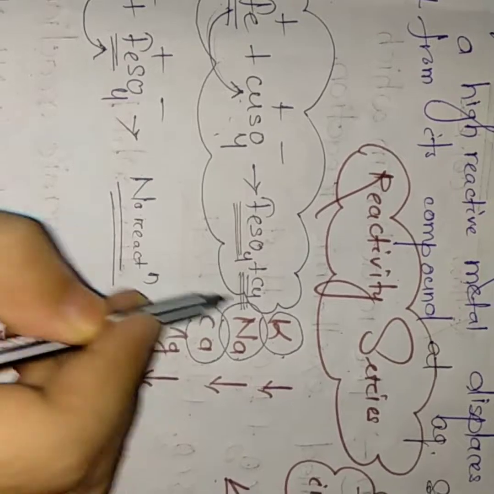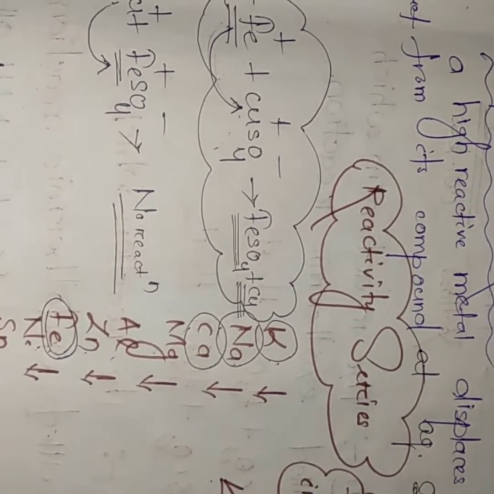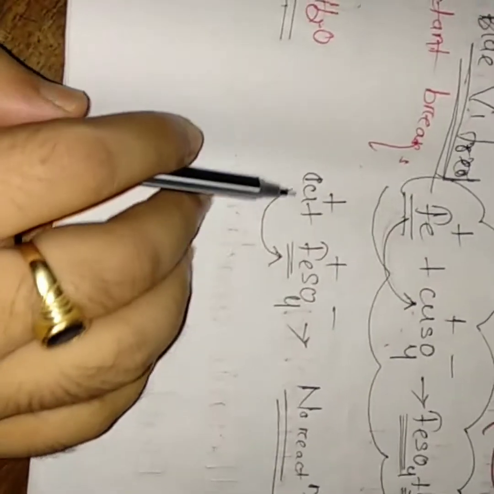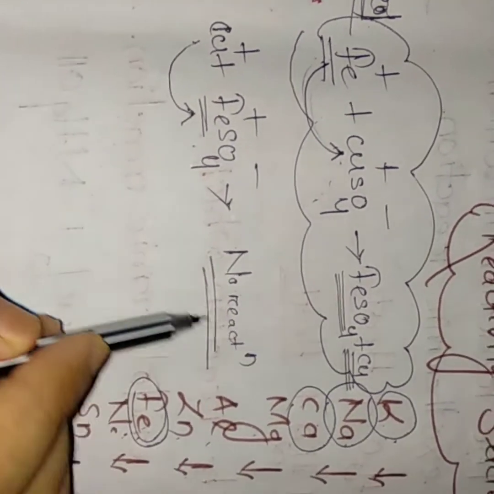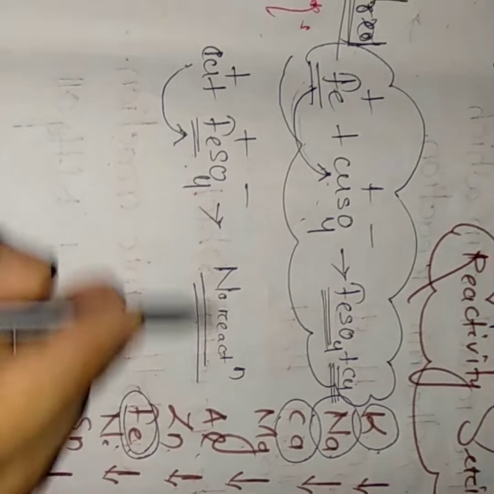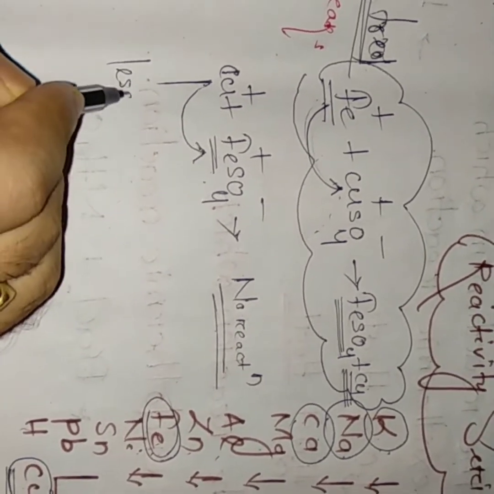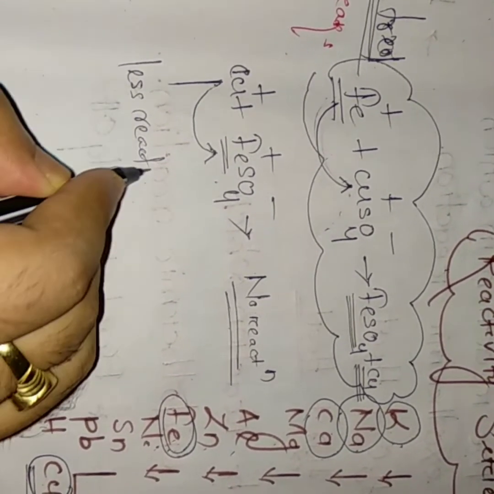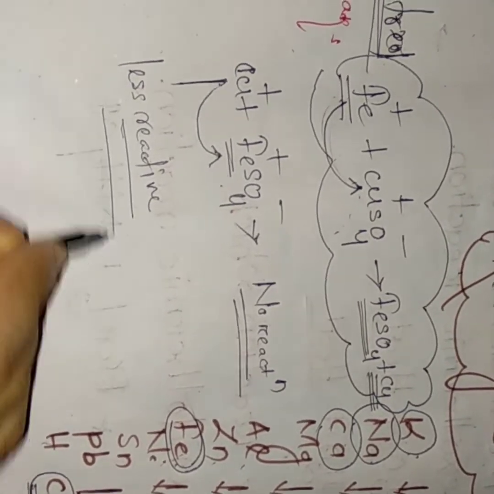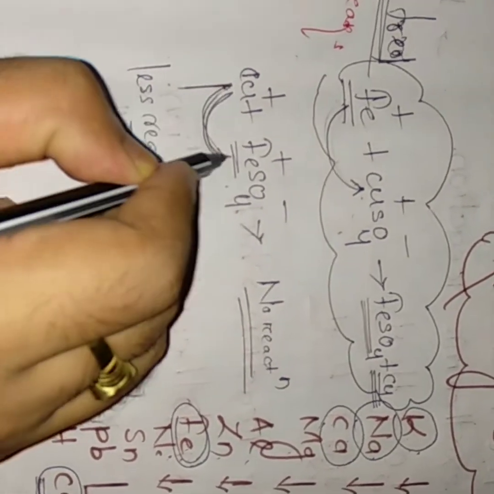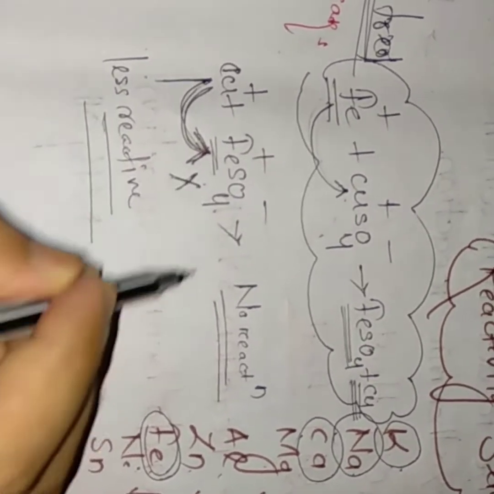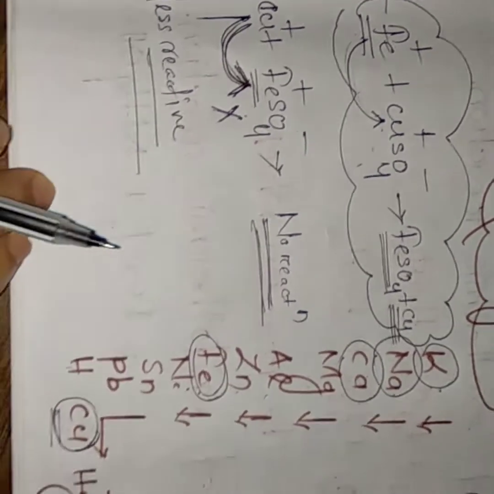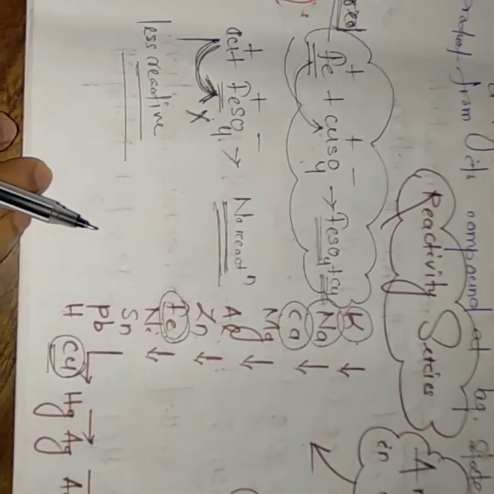Then you will get copper separately. Done. But if copper reacts with iron sulfate, then what happens? No reaction takes place because copper is less reactive, so it cannot displace iron. So no reaction will take place. Done.